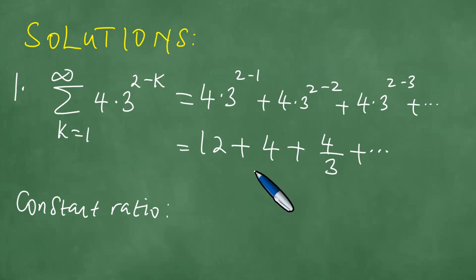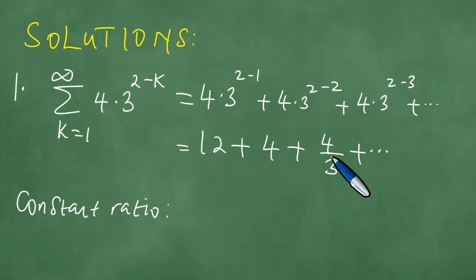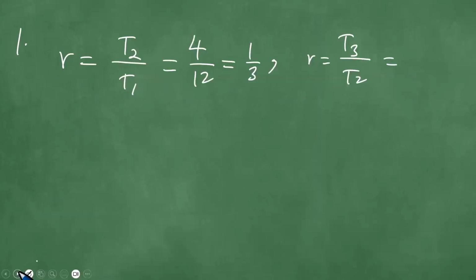The second term is 4, the first term is 12, and the result is 1 over 3, because 4 goes 3 times into 12. Now let's check the other one. If you look here, the third term is 4 over 3, and the second term is 4. And the answer is 1 over 3 here.